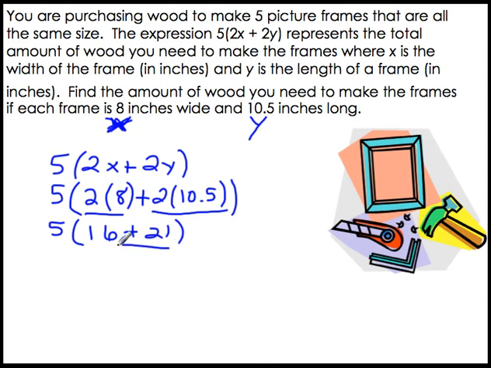Now we do this addition, so it'll be 5 times 37. Now I'm going to have to think a little bit. 5 times 7 is 35. Carry the 3. It's going to be 185. 185 inches of wood. And that'll help us make our frames.